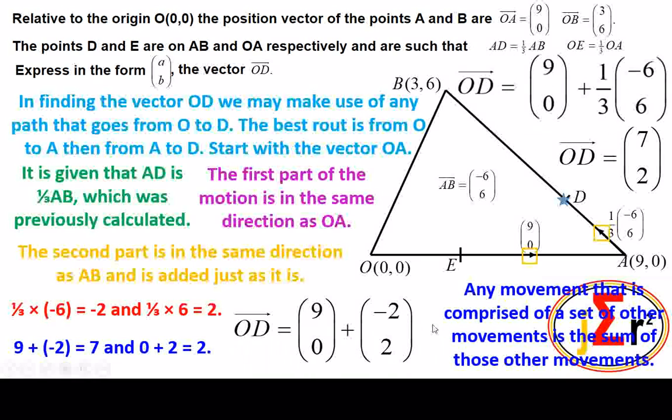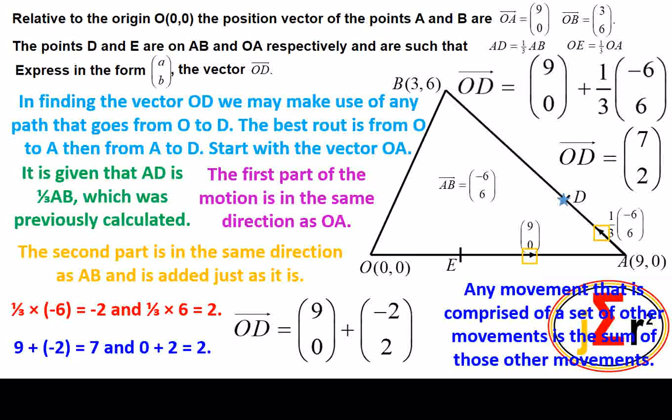Any movement that is comprised of a set of other movements is the sum of those other movements. The movement from O to D is comprised of the movement from O to A and the one from A to D. Therefore, the entire motion from O to D will be the sum of the movement from O to A and the movement from A to D. We will find the sum of those movements, and that is how we will find what we call in mathematics the resultant of vectors.